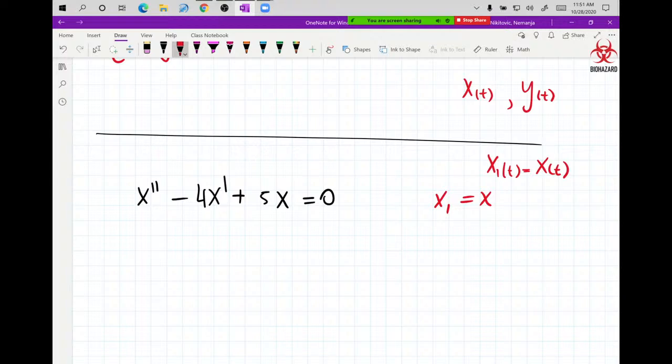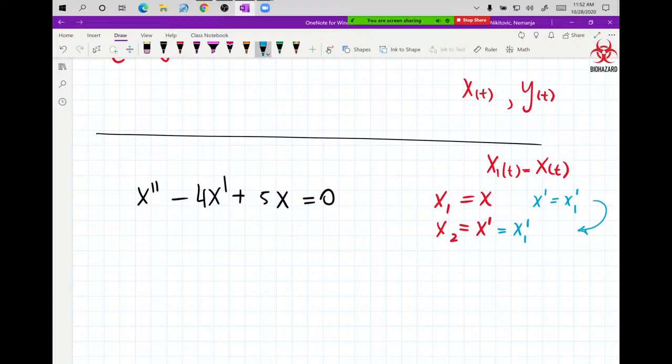So x1 equals x and x2 equals x prime. So this is where you start. Now, we know from the first equation that x prime is equal to x1 prime. And you can plug that in. So technically, your x2 is equal to x1 prime.